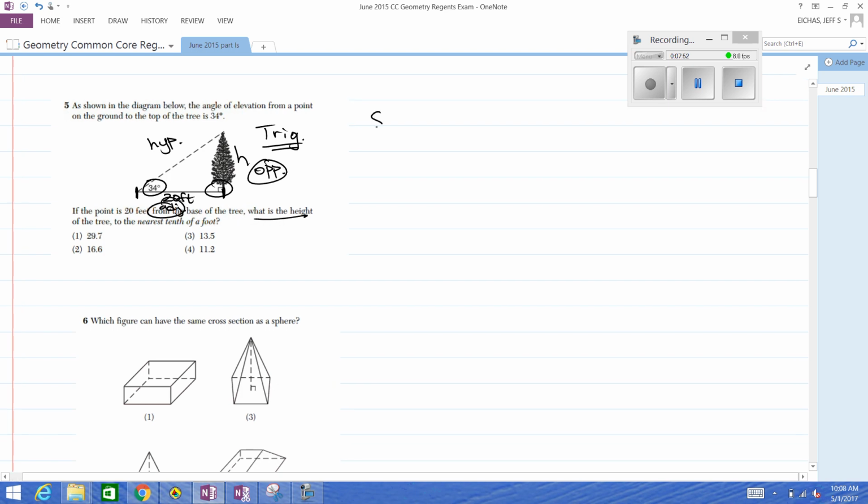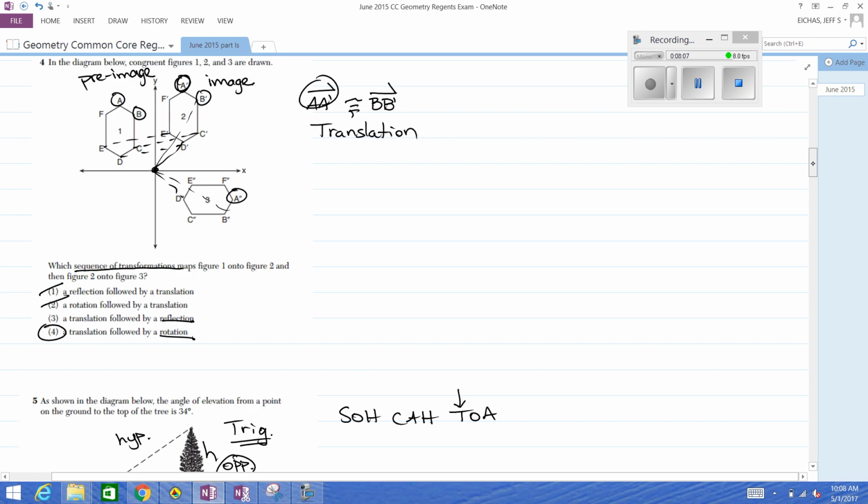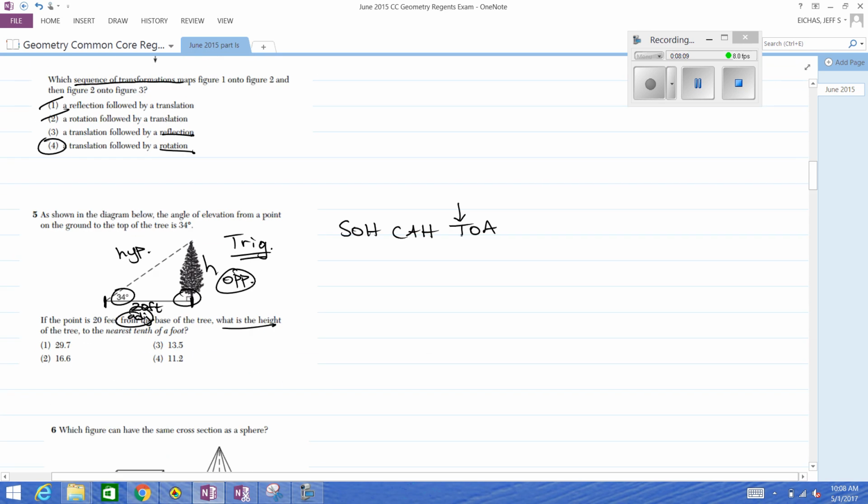So if we go to our helpful acronym, SOHCAHTOA, this is confusing sometimes for students. What this means is the first letter is the trig function. Second letter is on the top of the fraction, and the third letter would be the bottom of the fraction.